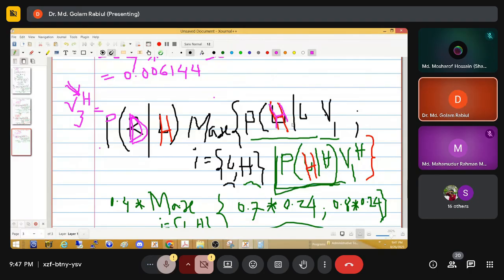Here is H given S2 equal I. So I, we can consider initially the I is L. That's why here L. And then this is V2L.